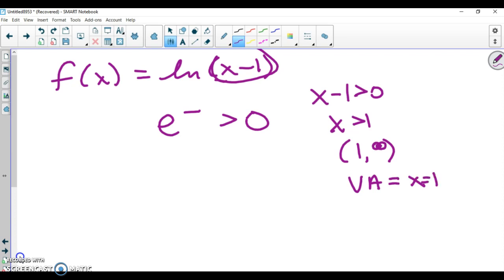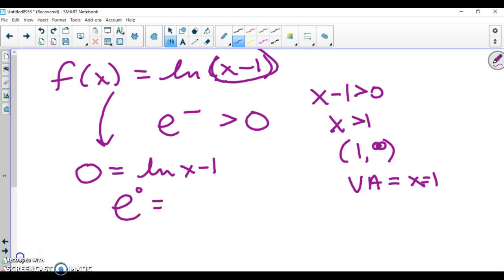Again, we ask ourselves, for an x-intercept, that means we allow y to be 0. So we're coming right from this function. f of x is 0, ln of x minus 1. Now we're saying e to the 0 is equal to x minus 1.